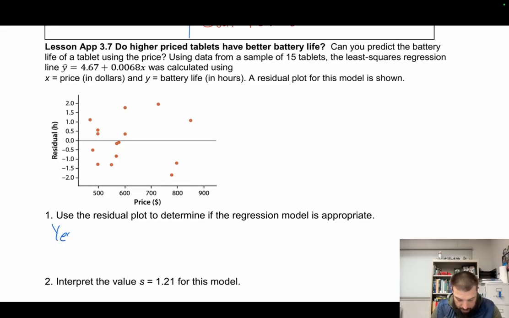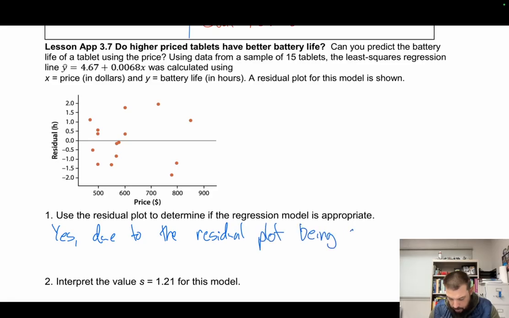And I would say yes, due to the residual plot being scattered. As we're looking at this, right, we're above, then below, and then above, and then up, and then down, and then back up.